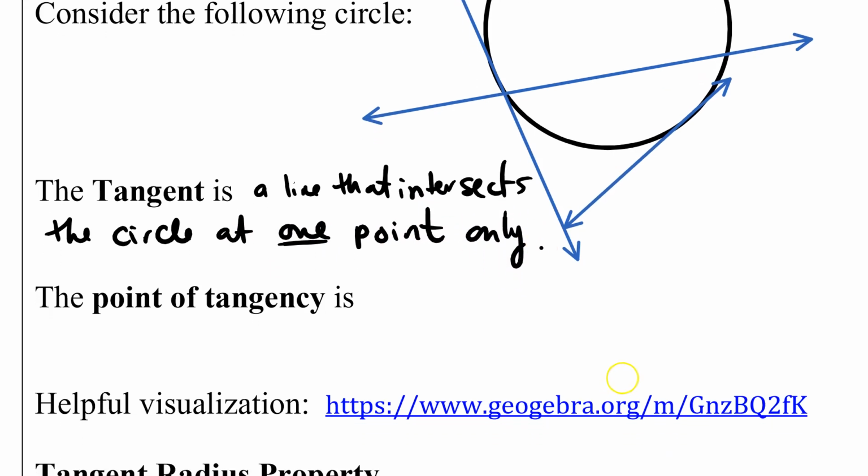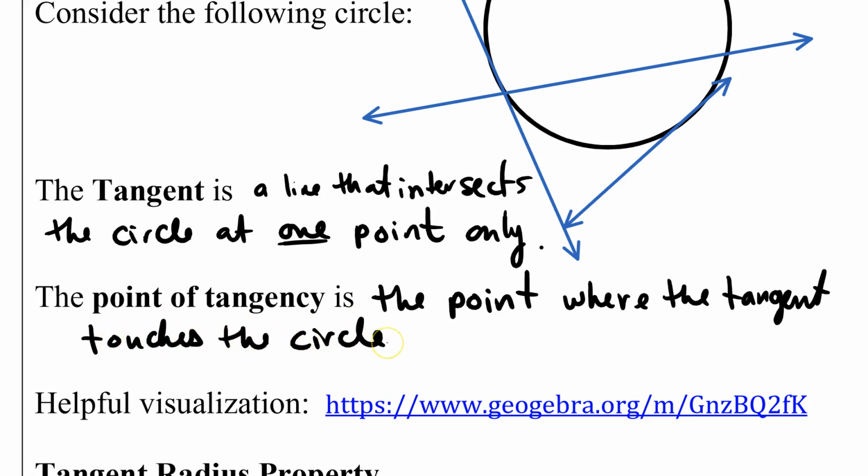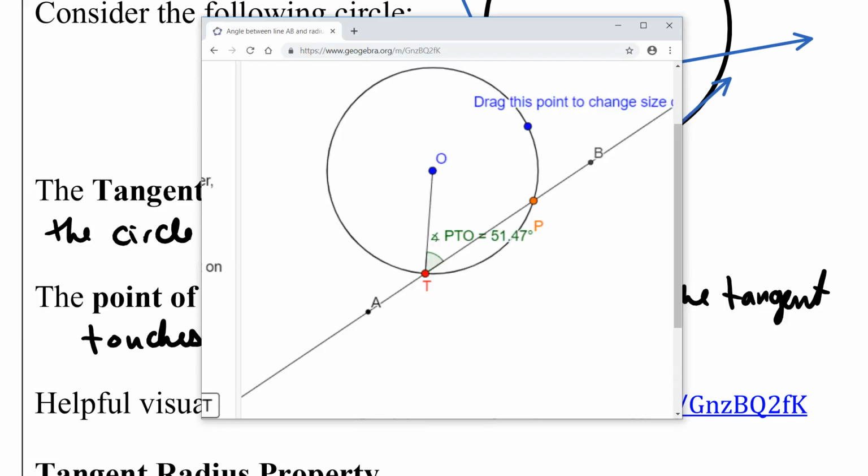And the point of tangency is the point where the tangent touches the circle. So again, a tangent is a line that only touches the circle once. There's something really cool about tangents, and I want to show you this helpful visualization using GeoGebra.